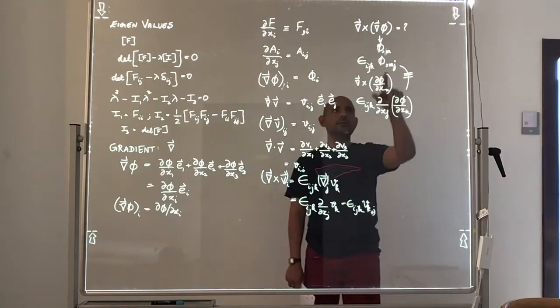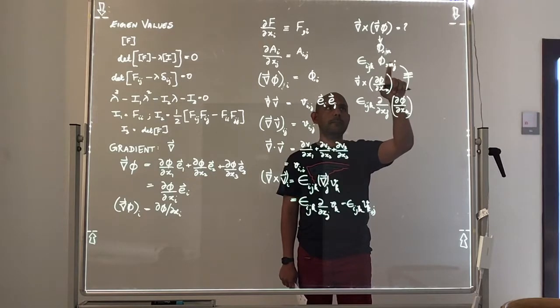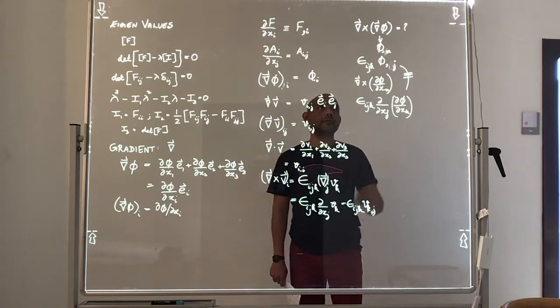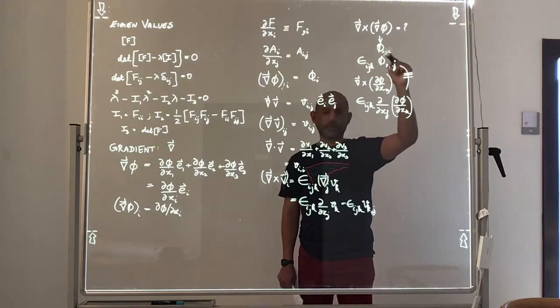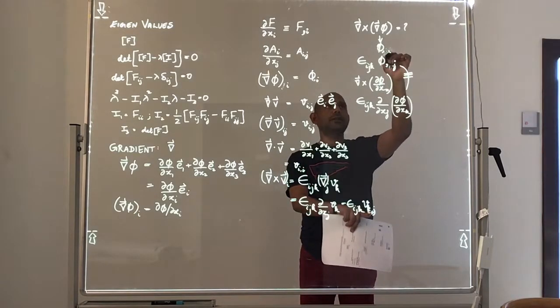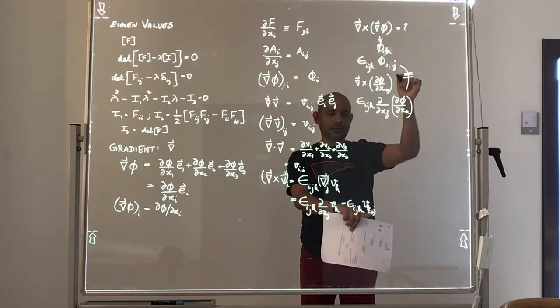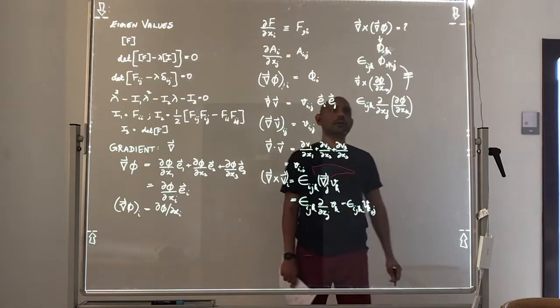Sorry, I messed up here. Let's say k here. The k comma j, right? So I need to take the kth component, which is phi k comma j.